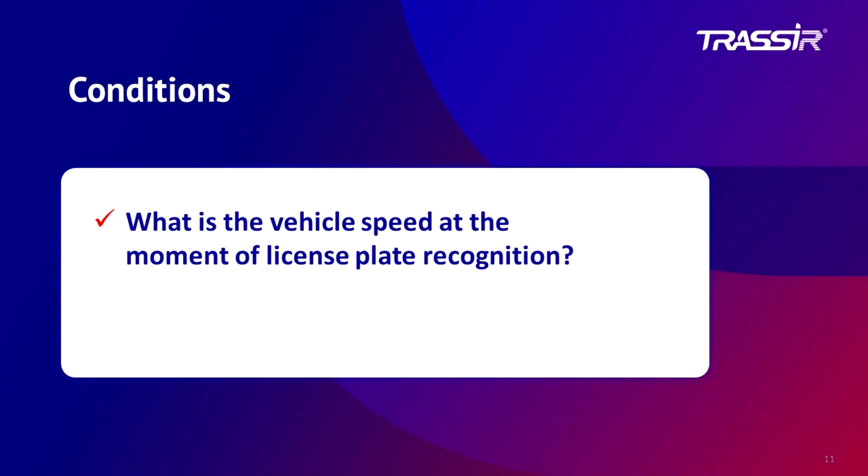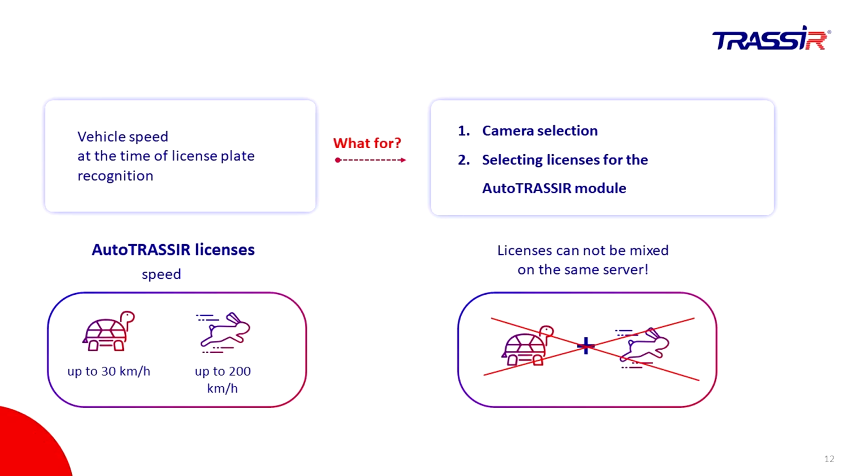The next question to think about is, what is the speed of the vehicle at the time of number recognition? Yes, we ask this question, and it is not as trivial as it seems at first glance. The choice of camera and the choice of license for the AutoTRASSIR module depends on the answer to this question.